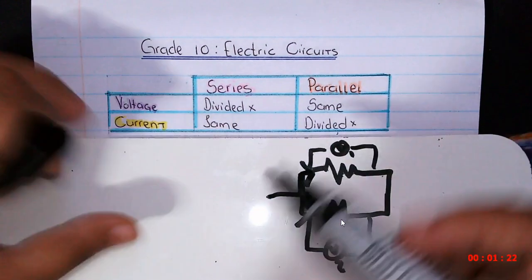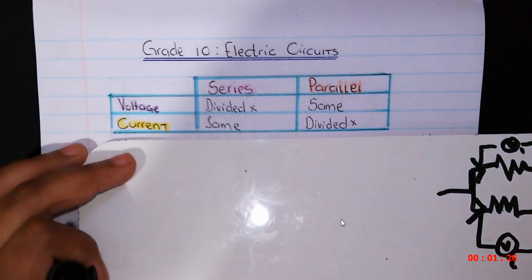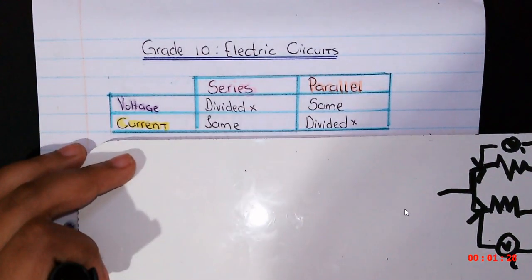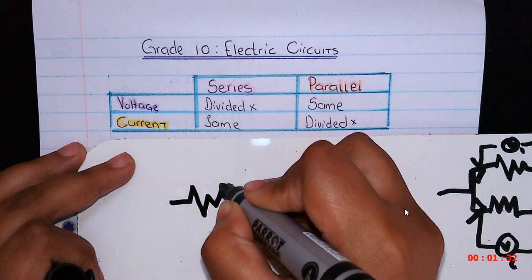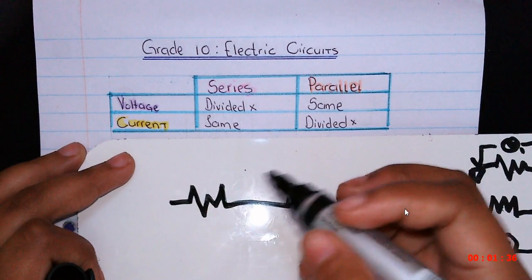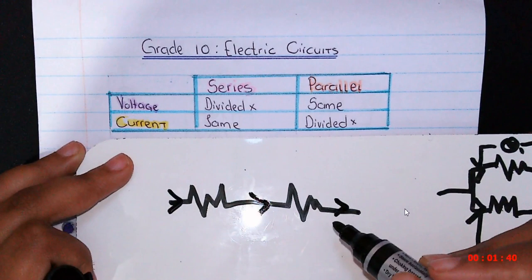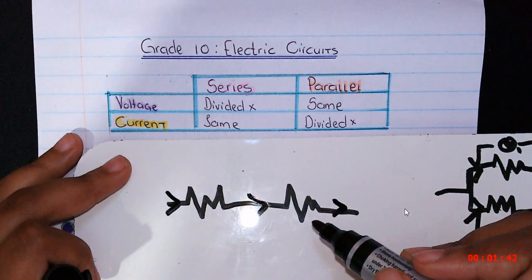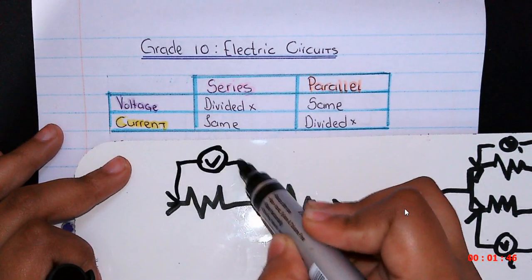Okay, in series, on the other hand, the circuit is dividing the voltage but not the current. So obviously the current is the same because look, it's traveling across the same branch, the same wire, but the voltage is split.